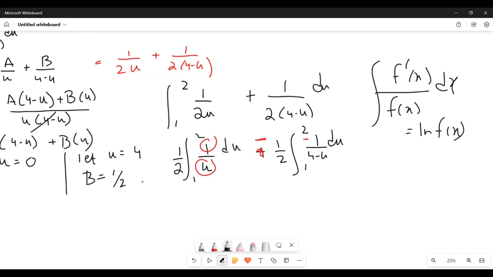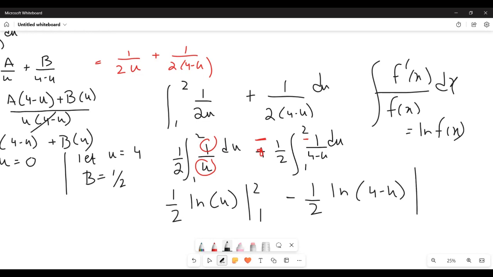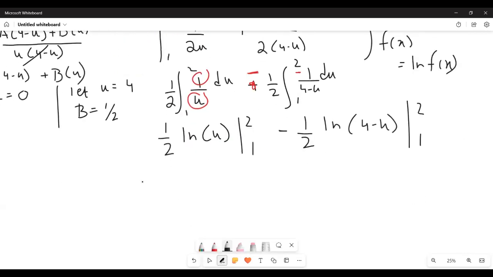So this becomes half ln u, limits 2 to 1, then minus half ln(4 - u), limits 2 to 1. क्योंकि limits same हैं, let's write it together.